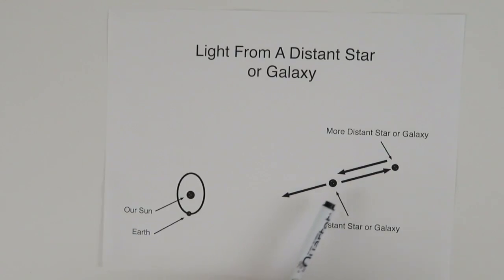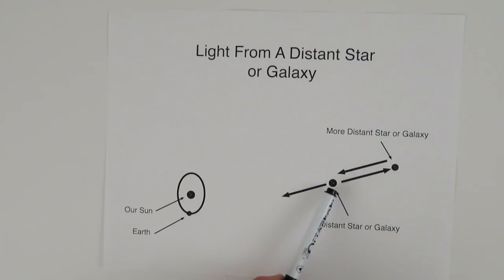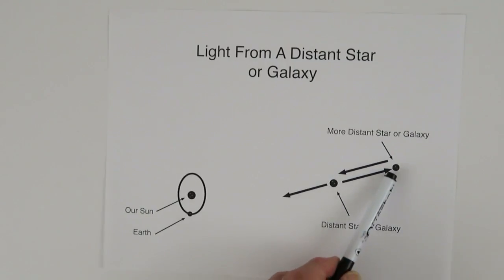It would emit light in all directions, of course. But in particular, let's consider it emitting light towards our star, and also towards a star or galaxy further away. So the time that the light would go from here to here would be equivalent to the time for the light to go from here to here.